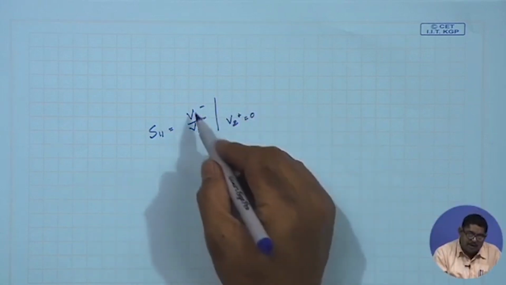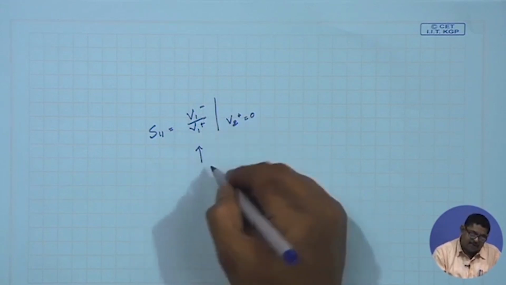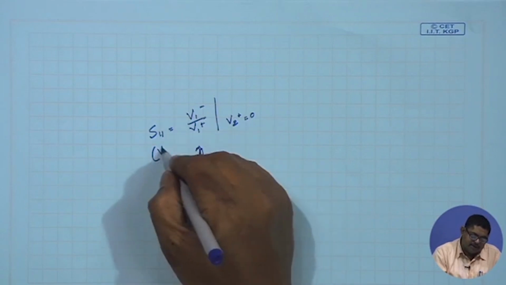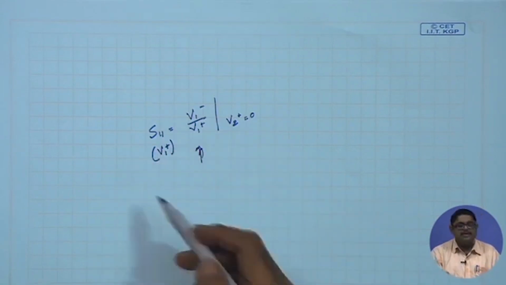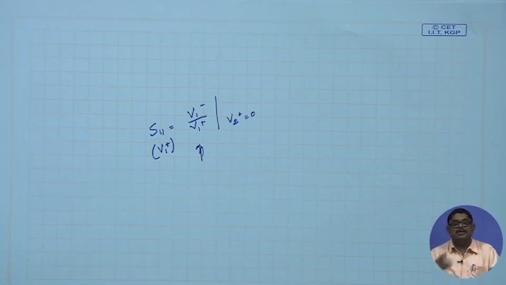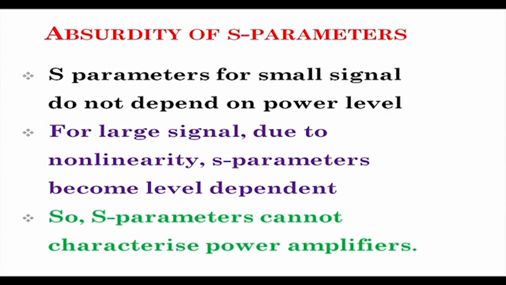Now this is a ratio, but if it is a function of, let us say, V1 plus, then it is very difficult to have these parameters, because for every level I will have to define these. That is why for large signal people do not use S parameters to characterize power amplifiers or any block which is using large signal levels.